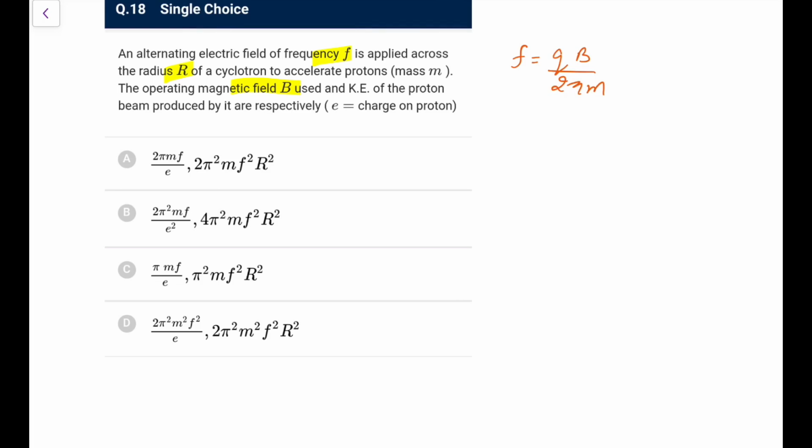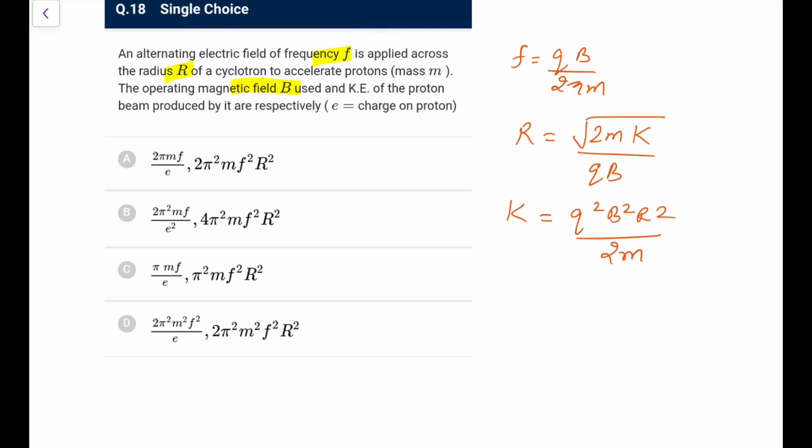So at the radius r, we write radius as mv by qB, so ultimately r is root 2mK by qB. So this K is q square B square r square by 2m.